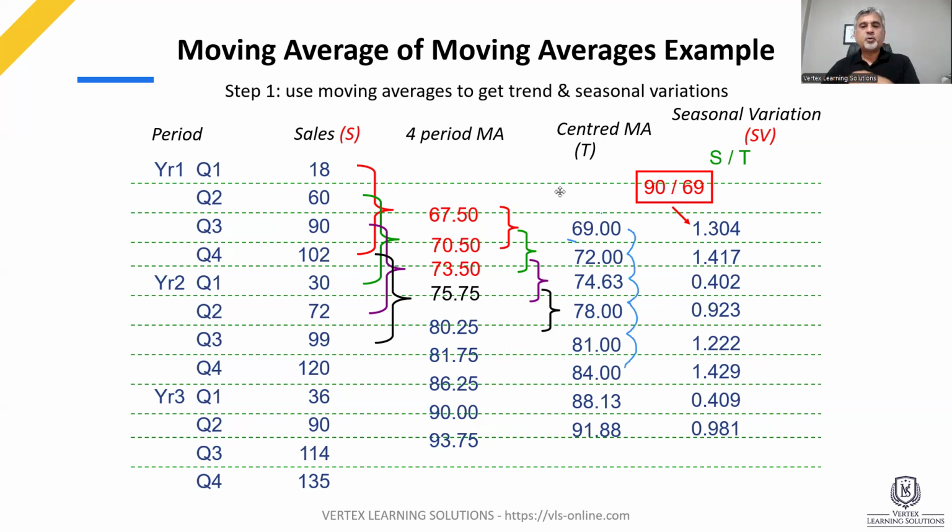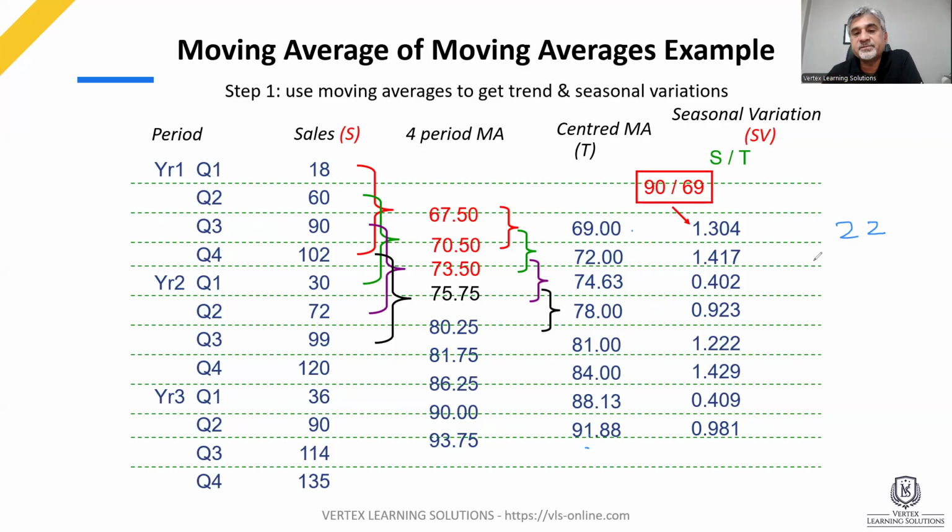Okay. So it started from 69 and it went up to 91.88. So this is the total change in the trend. And that is something like 21 point or 22 point something. This is a change. So 91 minus 69 is 22.